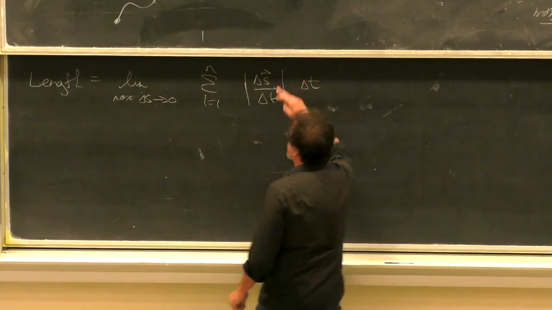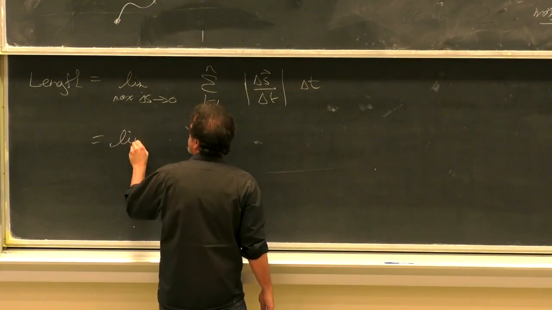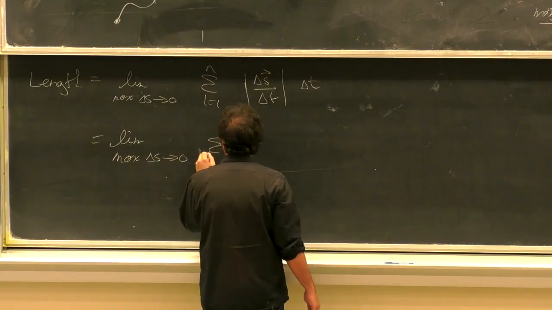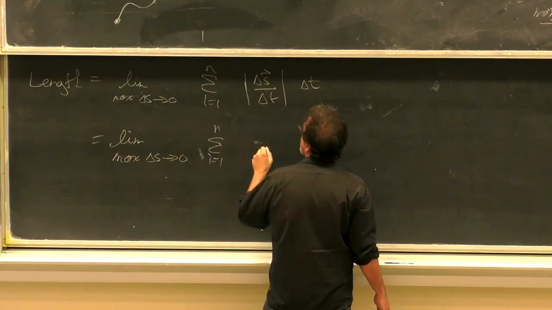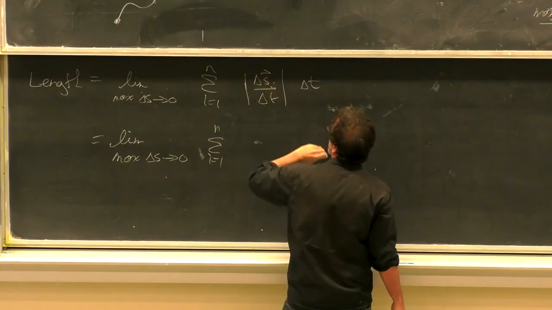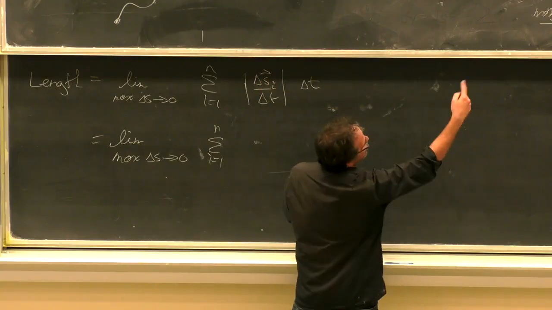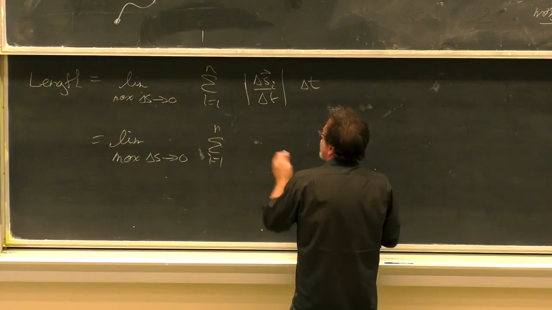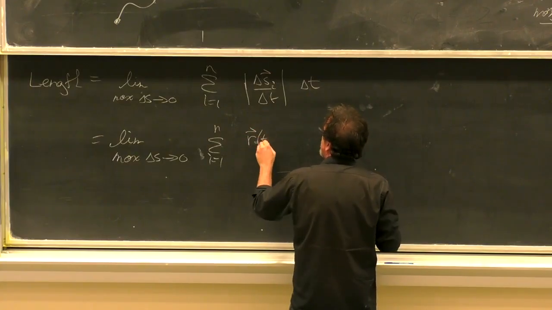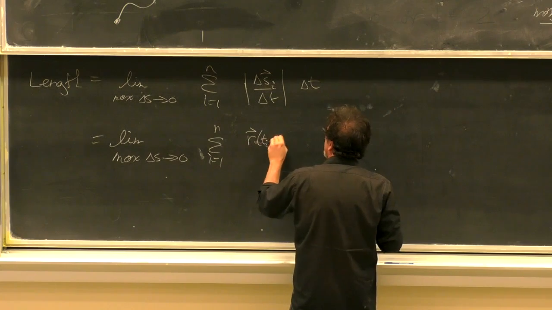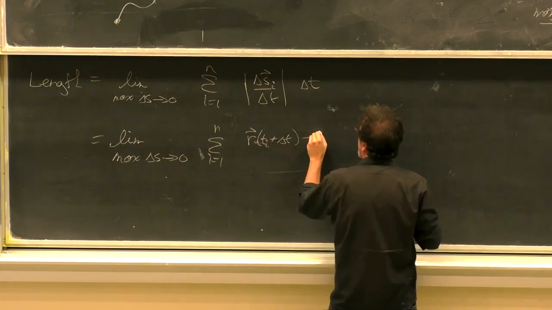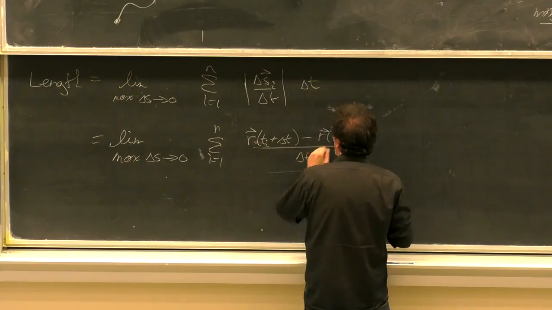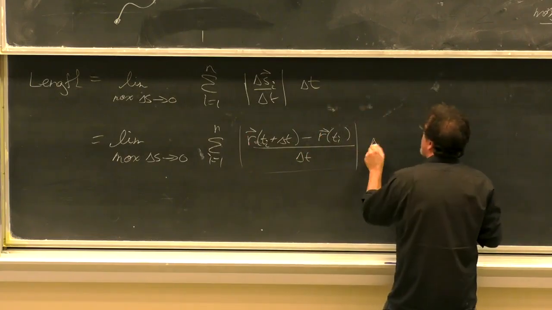Now, this thing in the numerator is just delta s_i. I apologize, there should be an i to tell you each successive one. Well, this is going to be r of t_i plus delta t minus r of t_i, divided by delta t, all in absolute value, multiplied by delta t.